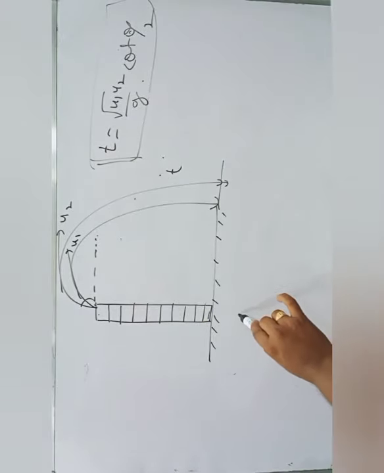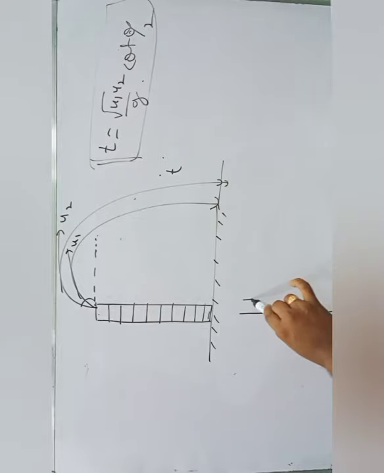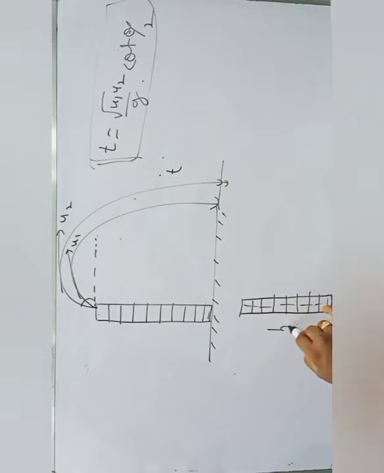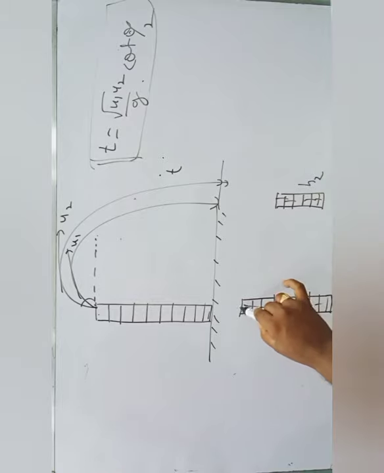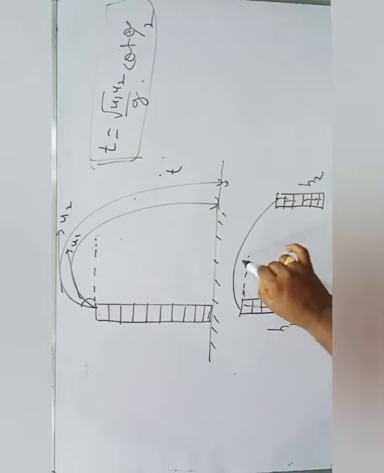Next, we have a projectile projected from one tower to another tower. One tower height is h1, another tower height is h2. So this projectile is projected from one tower to another tower.